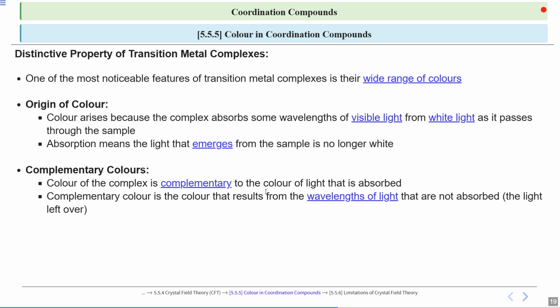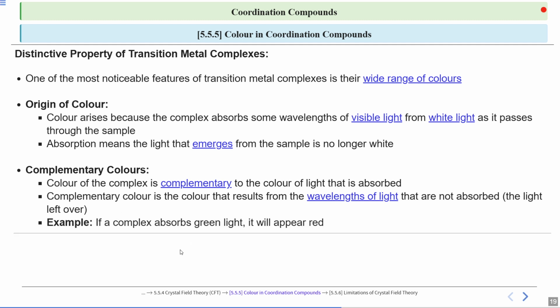Complementary color is the color that results from the wavelengths of light that are not absorbed, the light that is left over. That wavelength of light decides the complementary color. For example, if a complex absorbs green light, it is going to appear red in color.